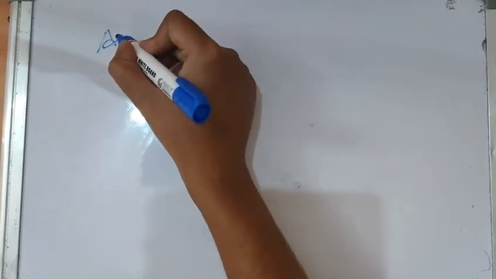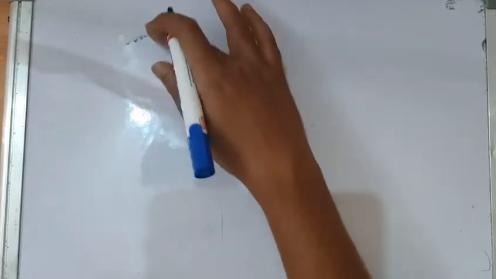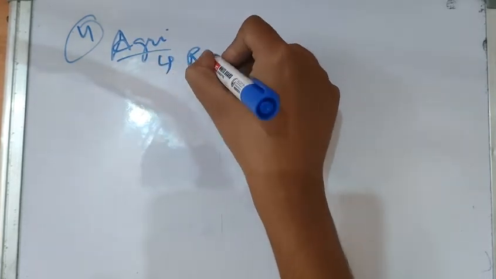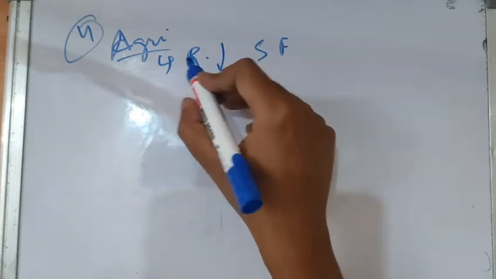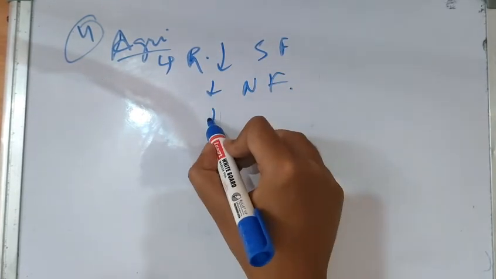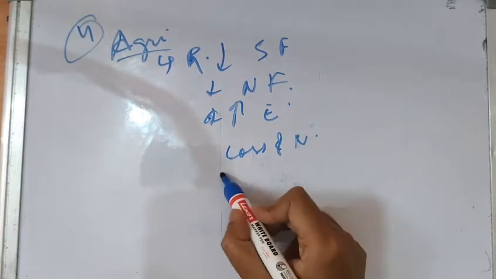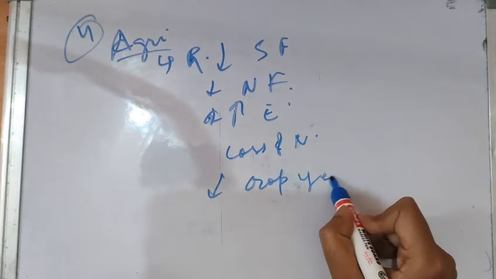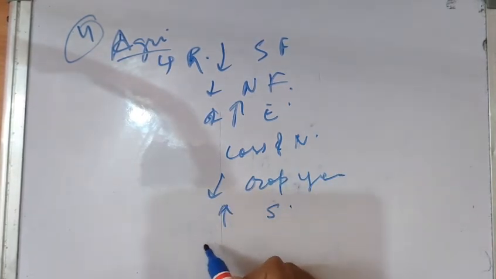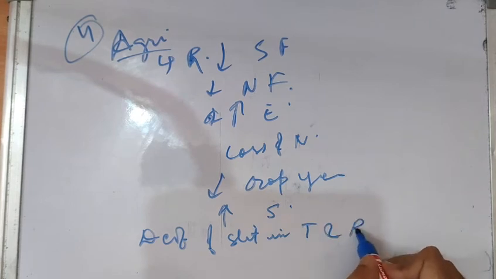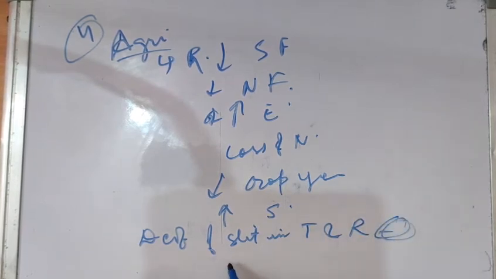So what are its hazards? First of all, to agriculture. Soil pollution reduces soil fertility, reduces nitrogen fixation, increases erosion, loss of nutrients, reduced crop yield, increased salinity, deposition of silt in tanks and reservoirs, which highly impact our irrigation processes, imbalance in soil flora and fauna.